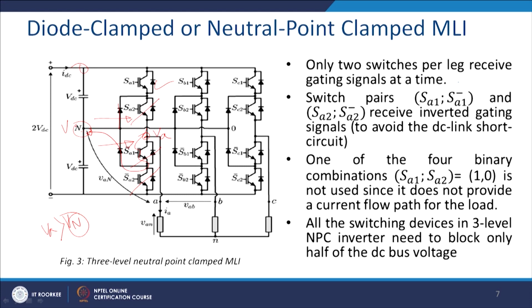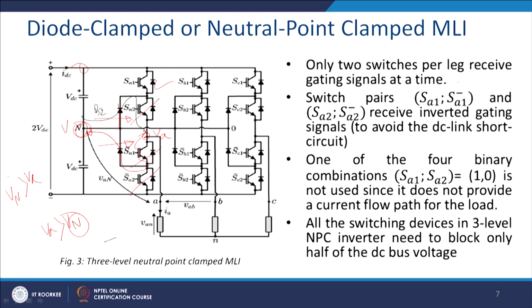If the reverse happens, where this voltage is more than this voltage, which generally happens in the negative half cycle, that is, if Vn is greater than Va, then the current required to flow will go from this point to this point through this diode, the SA2 diode, and through S2, and ultimately reach here.